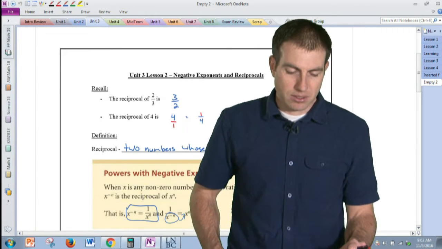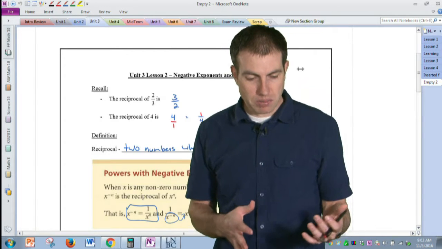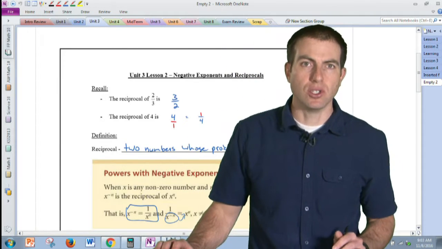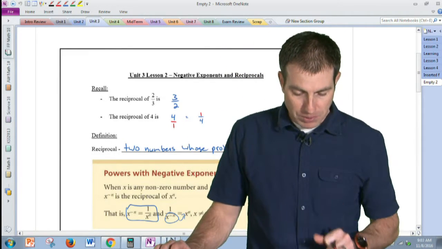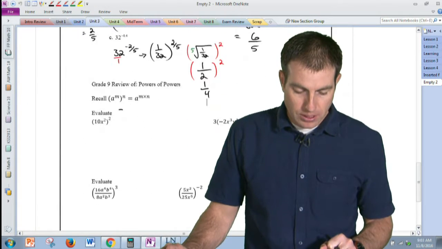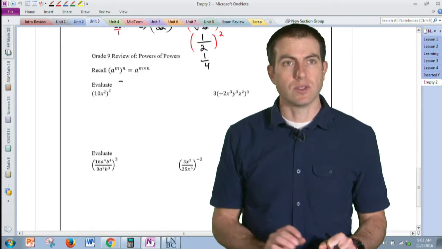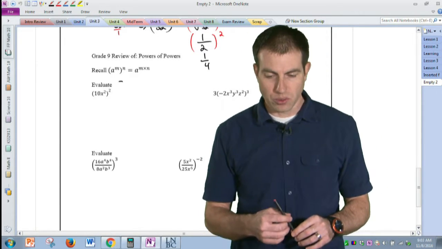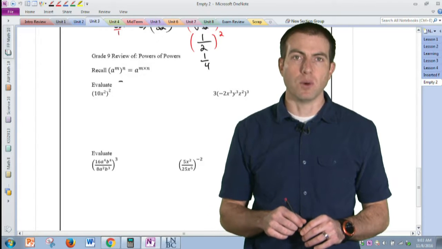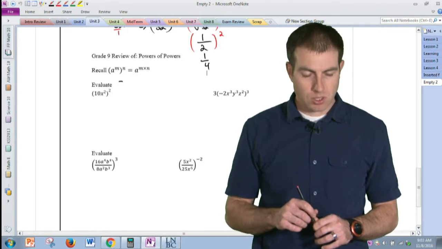I never came back to them, and then we had the midterm, and I wanted to look at them now. So this is Unit 3, Lesson 2. If you scroll to the very bottom of the page, I left these 5 questions for us to do. I'd like to go through those first, and then I'll go into Lesson 4, and we'll finish off this unit.